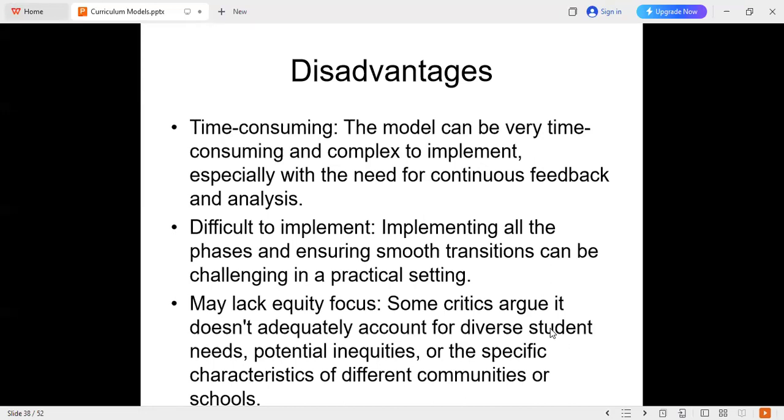It may lack an equity focus. Some critics argue that it doesn't adequately account for diverse student needs, potential inequalities, or the specific characteristics of different communities or schools. Now we have a pluralistic society, different kinds of people living. Due to political and economic reasons, some communities were neglected, especially the plantation students in this country.